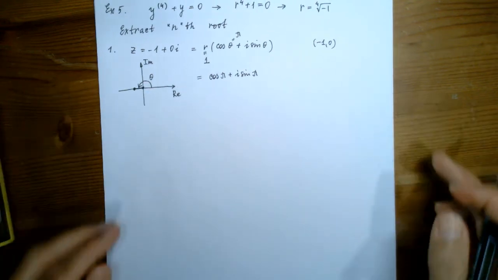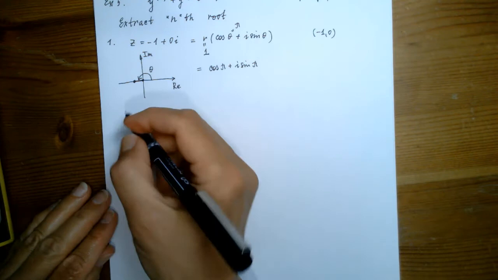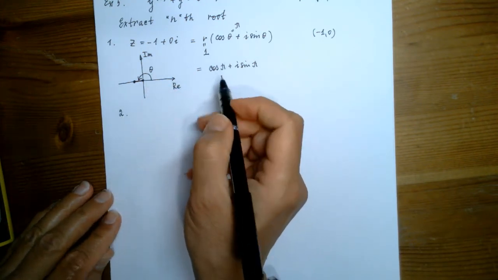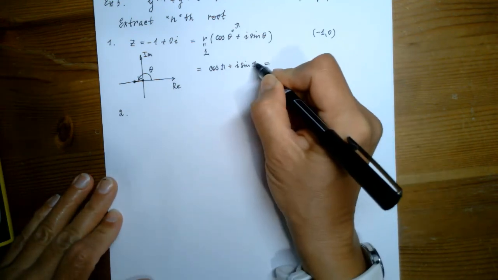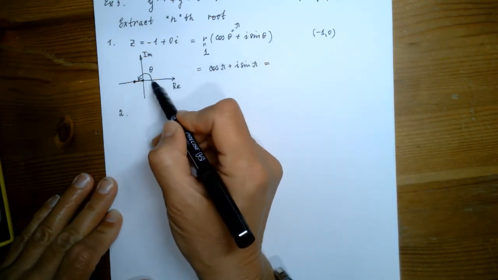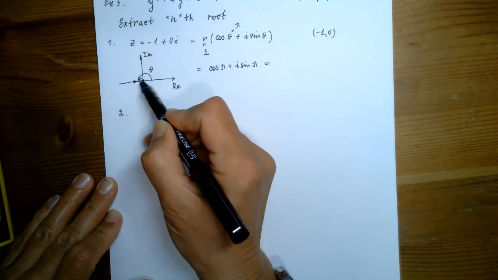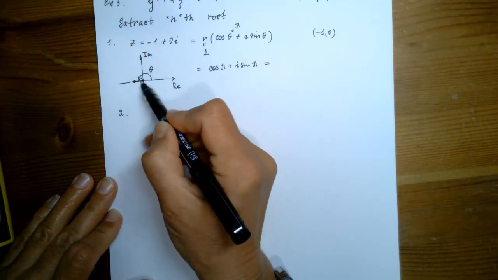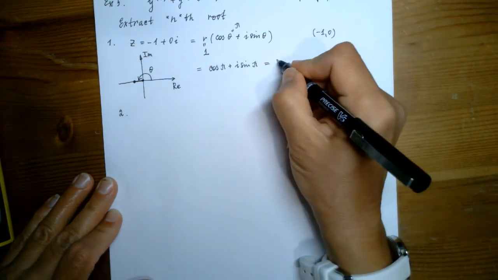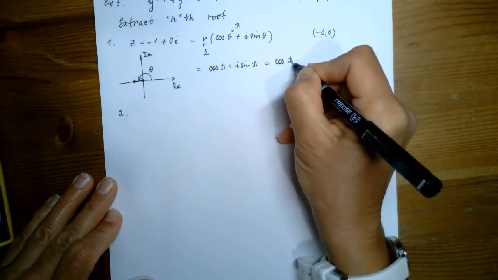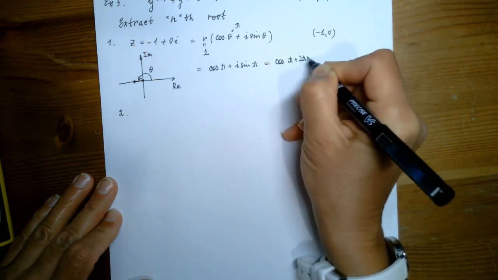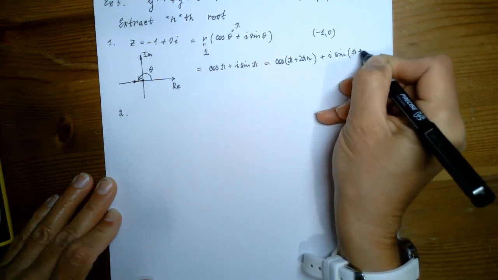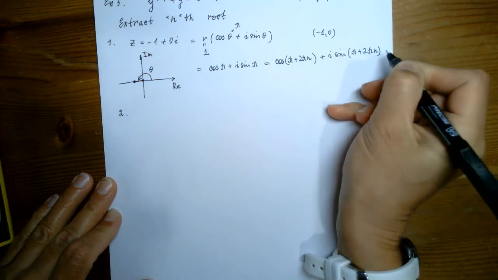So now, to extract a root of this number z, we're supposed to have n roots. I'm going to write down this number because you know that it is not only theta equals pi, but also theta equals pi plus 2 pi, plus 4 pi. If you do several rotations, it's still going to bring you to the correct point. So I'm going to write down: cosine of pi plus 2 pi n, i sine of pi plus 2 pi n.